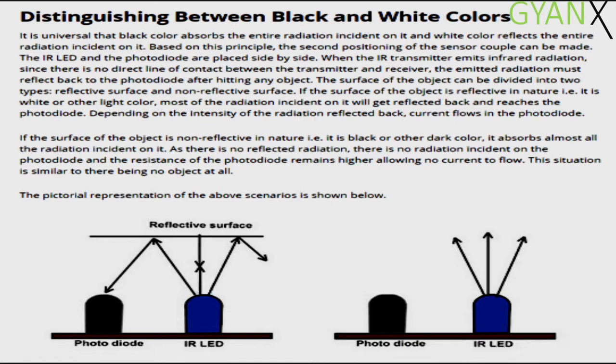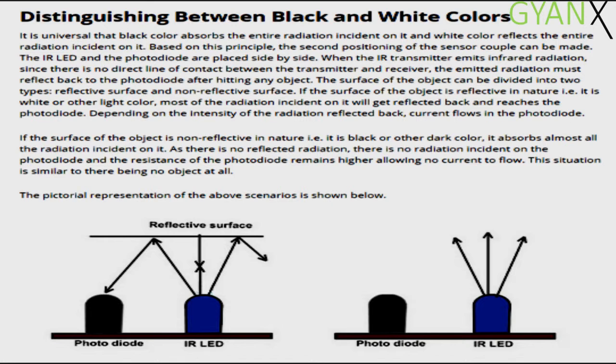When the IR transmitter emits infrared radiation, since there is no direct line of contact between the transmitter and the receiver, the emitted radiation must reflect back to the photodiode after hitting an object. The surface of the object can be divided into two types: reflective surface and non-reflective surface.